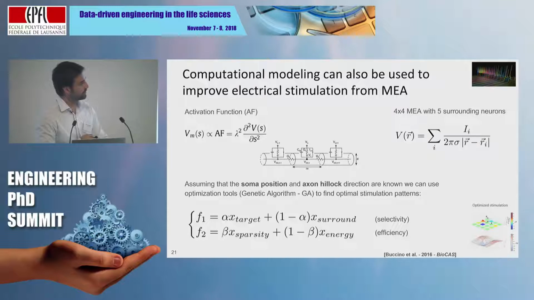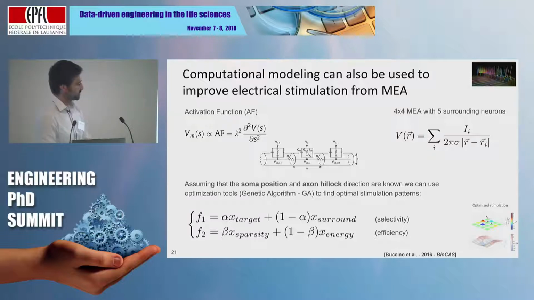And then we can compute the potential given by the currents from the different electrodes using simple volume conduction theory and the semi-infinite plane approximation. And instead of using the standard monopolar or bipolar or multipolar approaches, we set up an optimization problem. So assuming that we know the soma position and the axon hillock direction of the neuron, we use the genetic algorithm approach in order to optimize two different fitness functions.